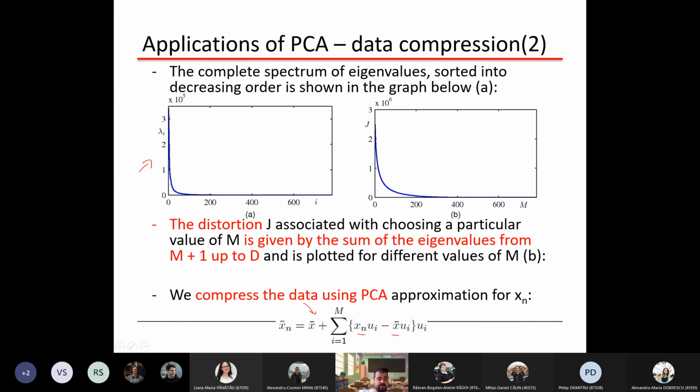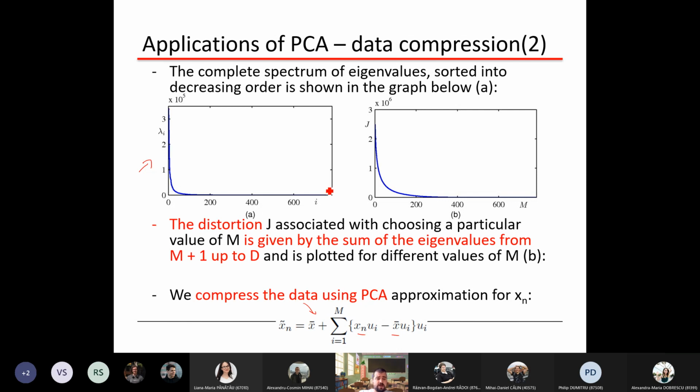Here we have a graph representing the values of the eigenvalues. So the highest eigenvalue is 3 point something, 3.4, I think, multiplied by 10 to the minus 5. The second one was somewhere around 1.5 multiplied by 10 to the fifth, and so on.